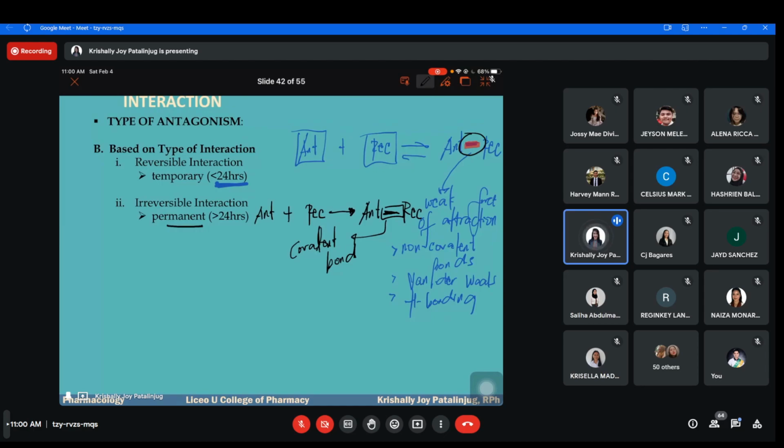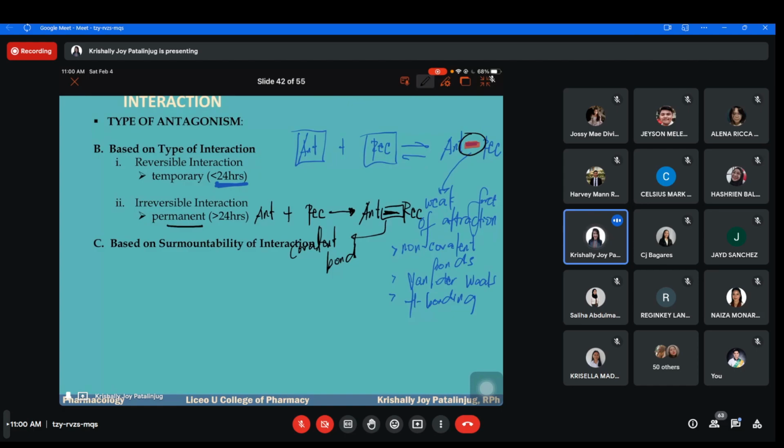So that's the concept under type of interaction. Pwede reversible or irreversible. It tells about the type of force of attraction that connects the antagonist and the receptor.